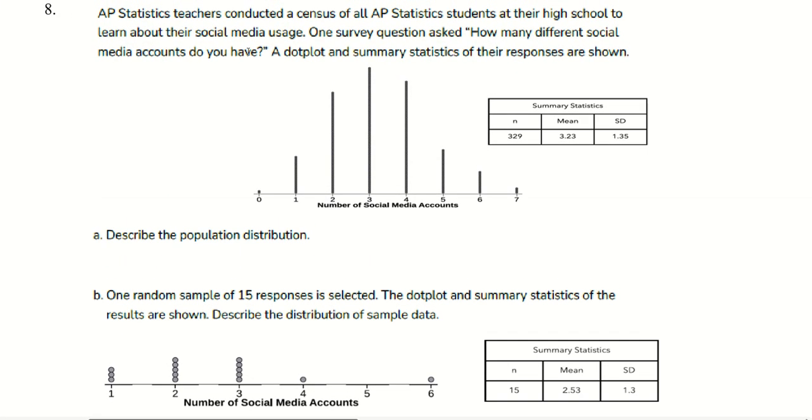We just want to describe this distribution for the population. It looks approximately normal, symmetric, and unimodal. They tell you the mean and the standard deviation, so we can use those.